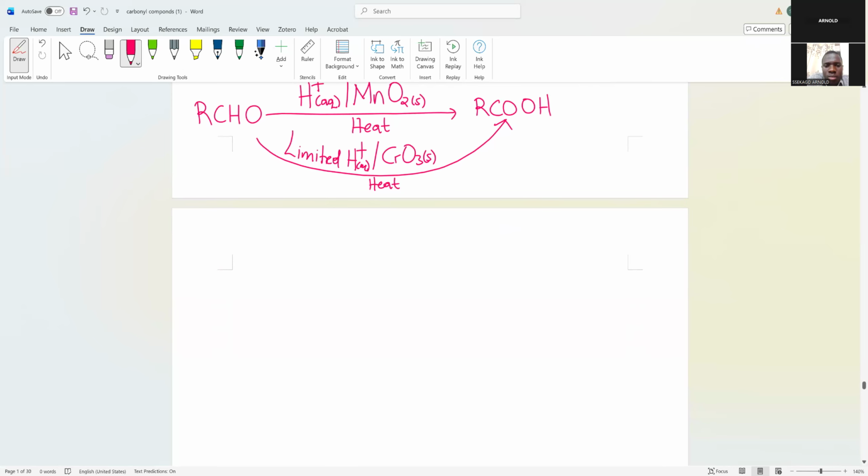We can also have RCHO with limited acidified potassium dichromate 6, heat, add oxygen, and you get a carboxylic acid.